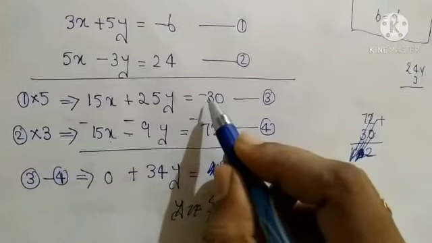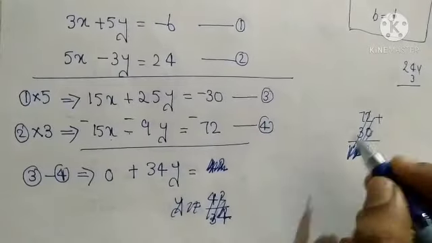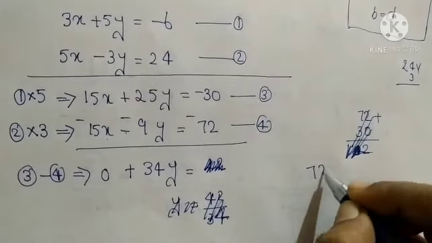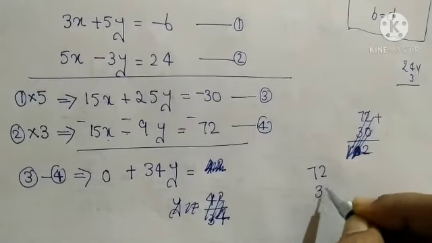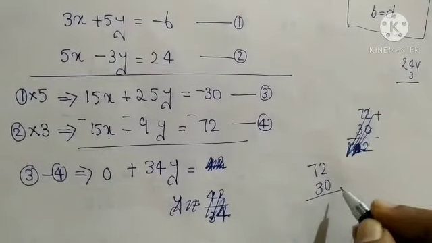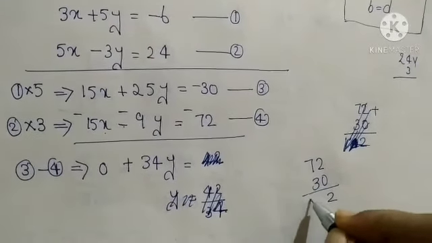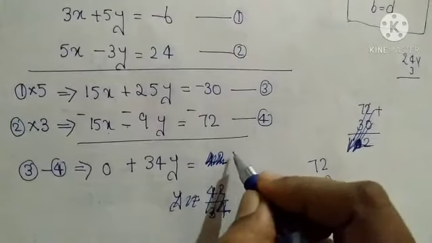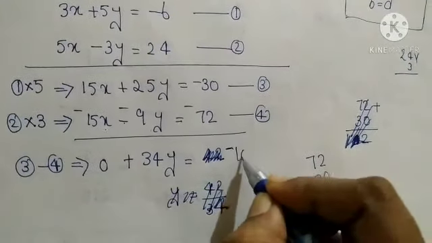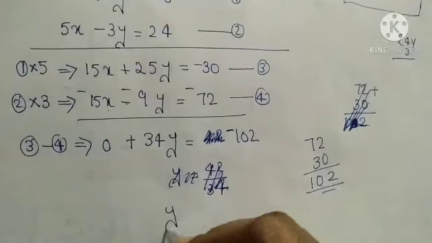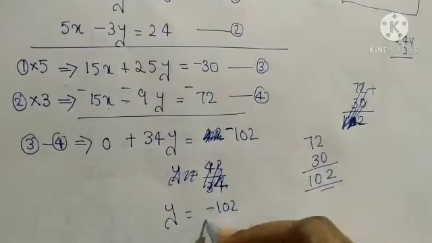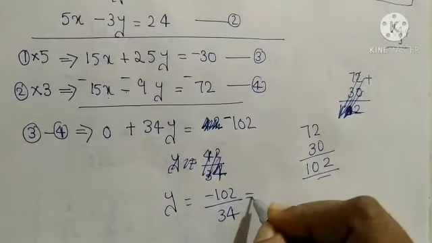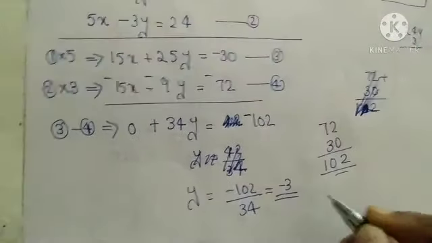So minus 30 minus 72 will become minus 102. So y is equal to minus 102 divided by 34, which is equal to minus 3.